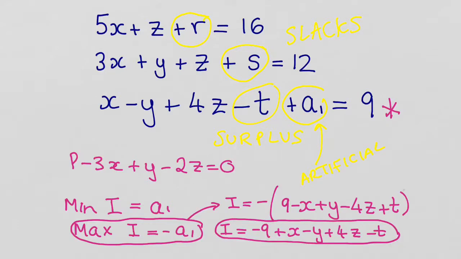So the first stage of the algorithm is to try and eliminate that. And we do that by minimizing it. So I'm going to maximize it here and replace A1 with a rearrangement of this. And I'm now going to plug it all into my Simplex tableau.